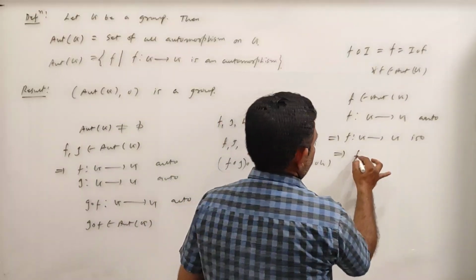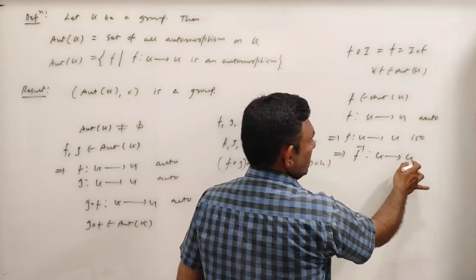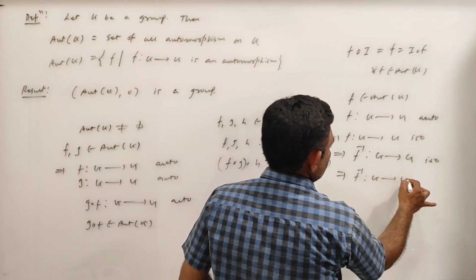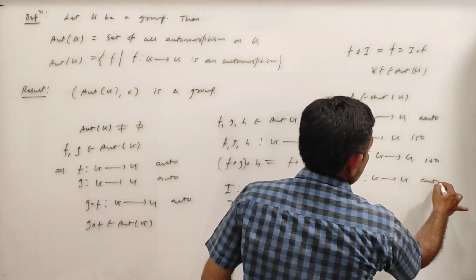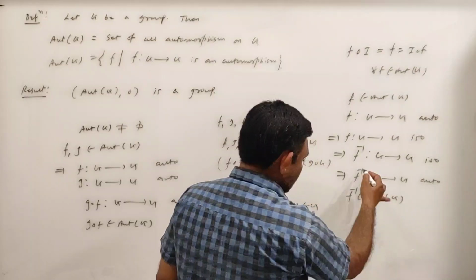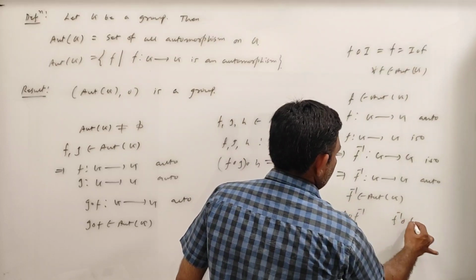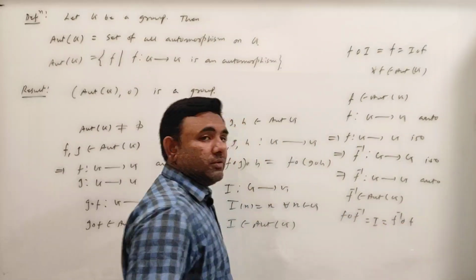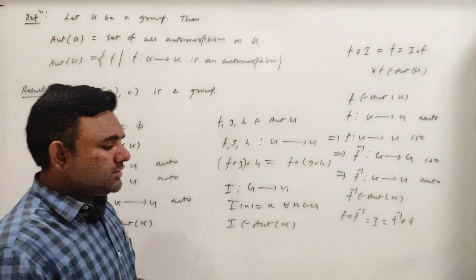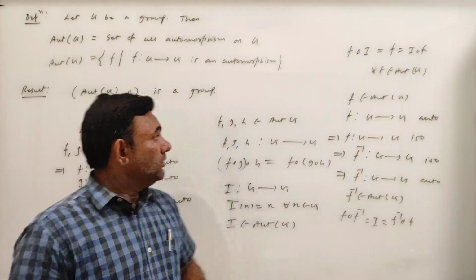So here f inverse from G to G is also an isomorphism, so f inverse is an automorphism, and as a result f inverse belongs to Aut(G). If you consider f inverse o f or f o f inverse, then you will get the identity map. So the inverse is also there. So in short, the automorphisms of G with the composition of functions form a group.